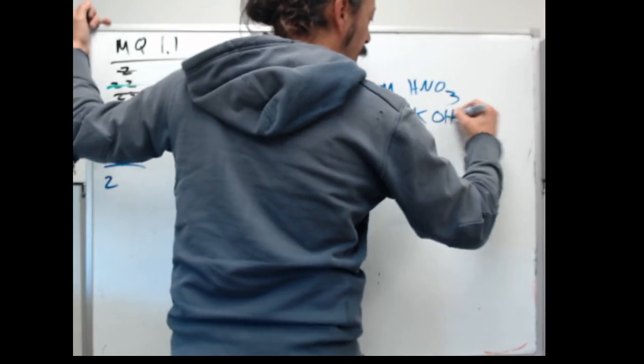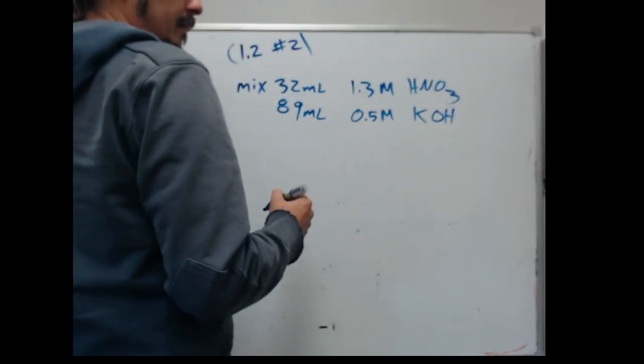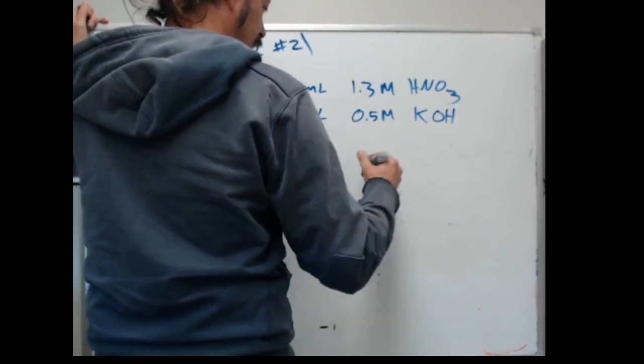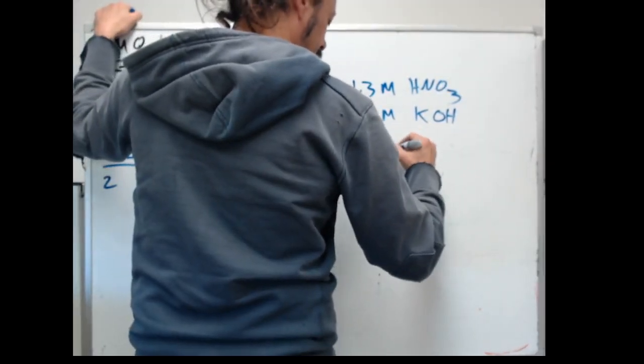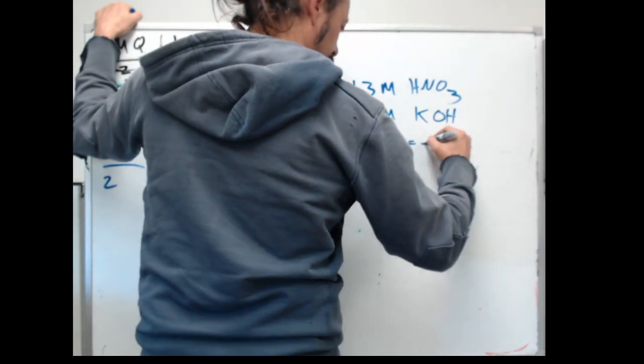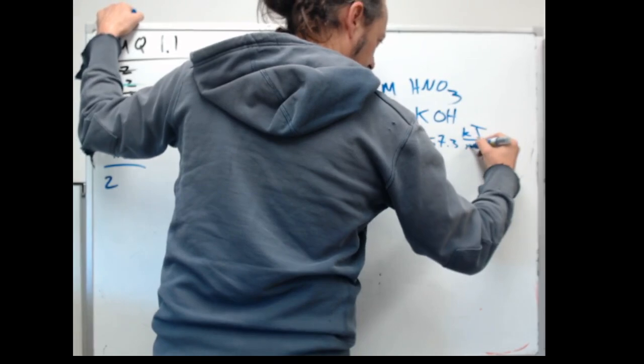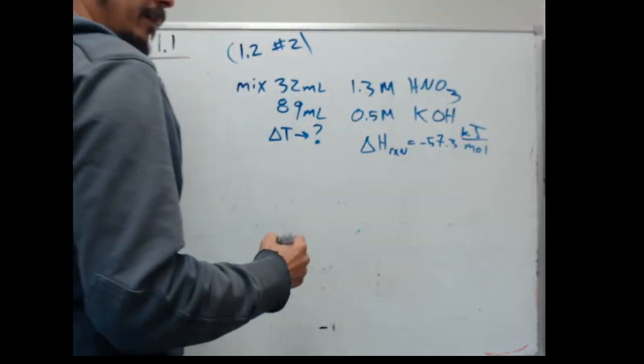By how much does the temperature increase? Assume the heat of neutralization is negative 57.3 kJ per mole. Enter your answer in 3 significant figures.